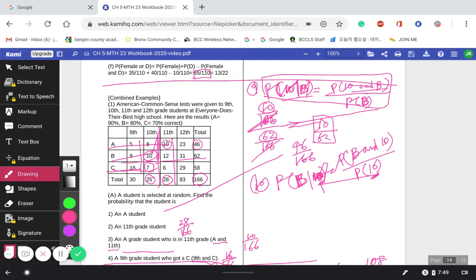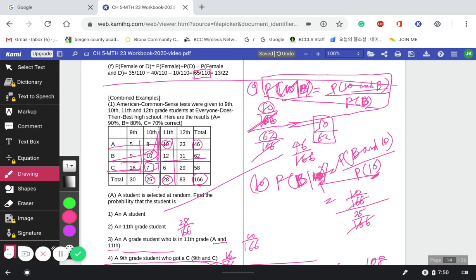And divide this one by probability of 10. This time, 10th grade is 25 out of 166. So 166 cancel out, you end up with 10 out of 25.